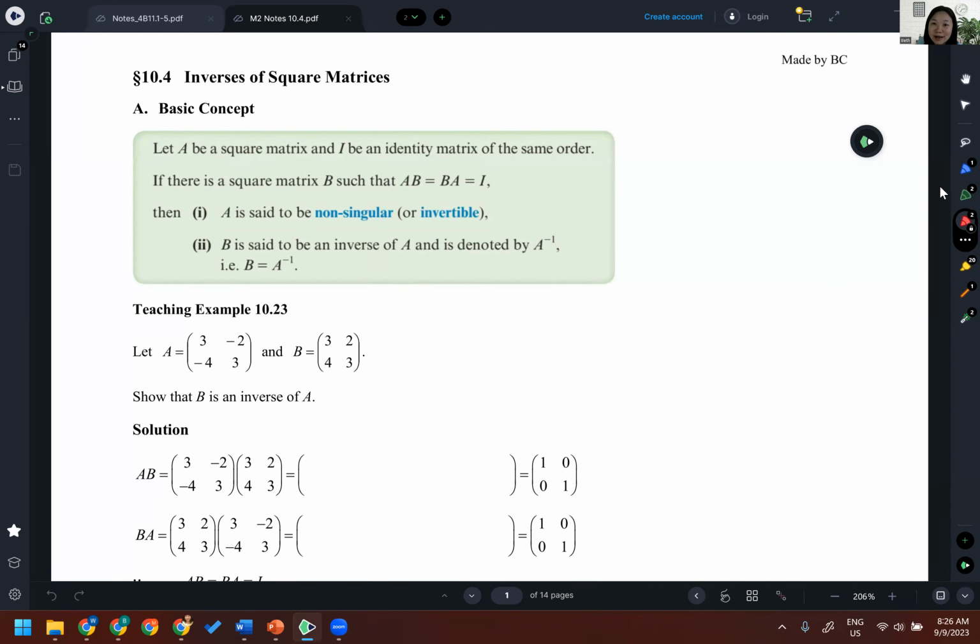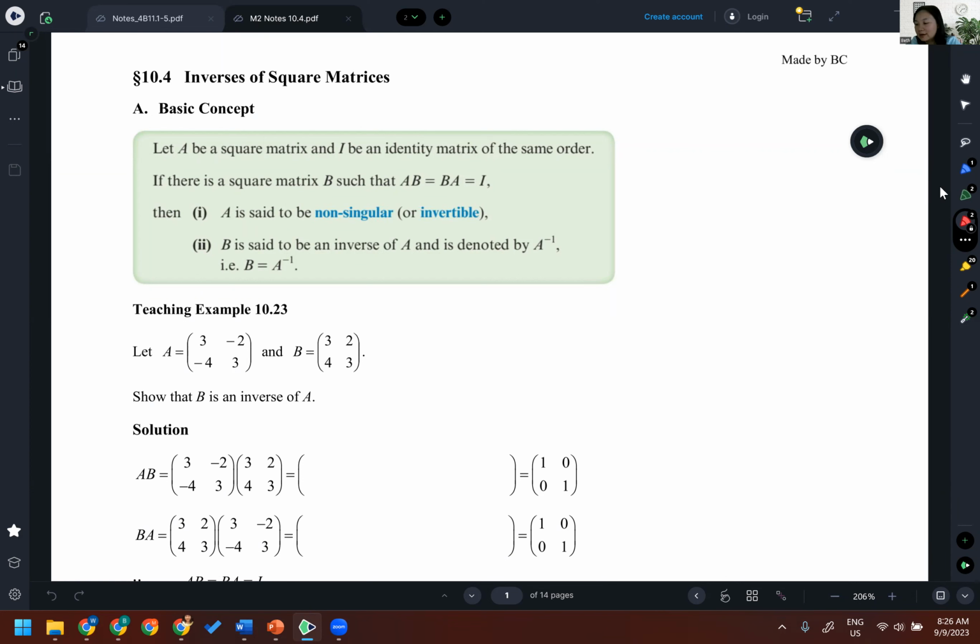Now this is the last part. I think I promised in the past, we will study the division of matrix, and this is where we study it. It's not called division, it's called inverse. We borrow the name from the inverse of a number.